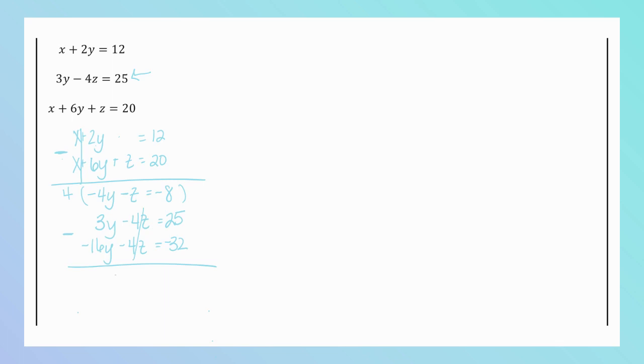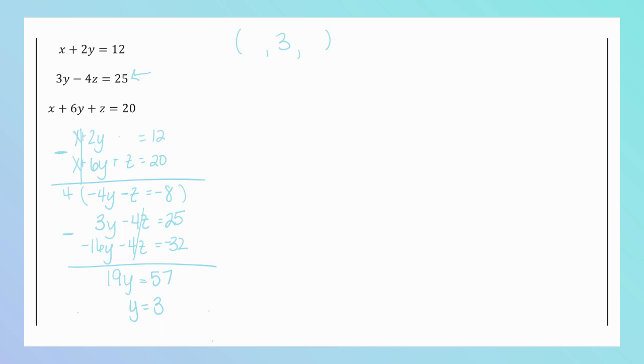3 minus negative 16 is 19y, and 25 minus negative 32 is 57. And 57 divided by 19 is 3. So this time, in my ordered triple, I've got the y value, and now I need to go back and find x and z.